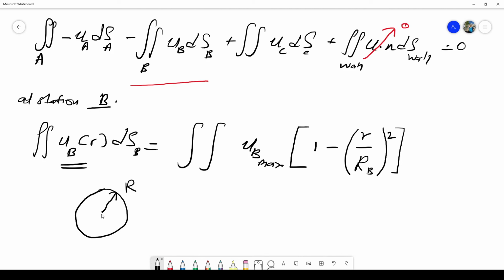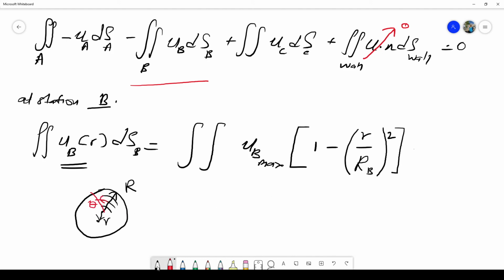So if we want to do the integration, we integrate for smaller radius. To do this integration in the cylindrical shape, we have to consider not only the R, but we have to consider the angle theta as well.